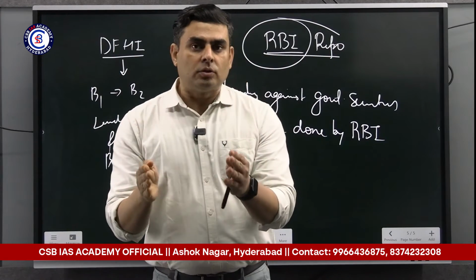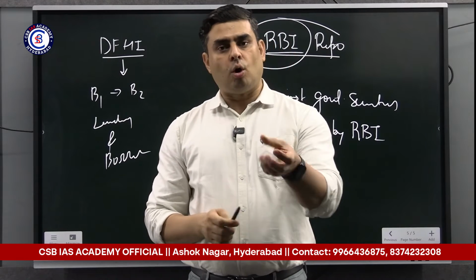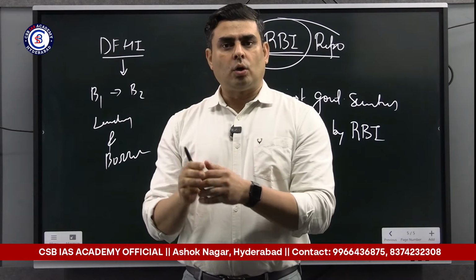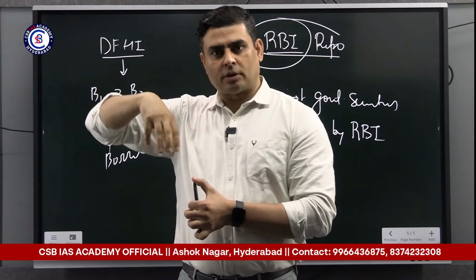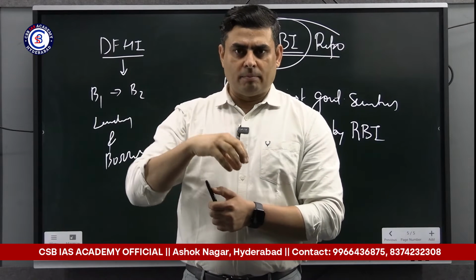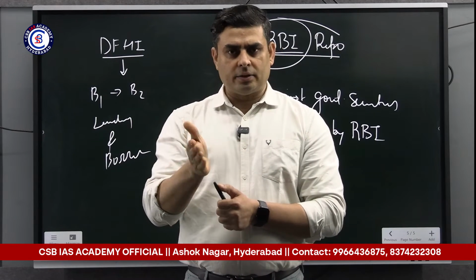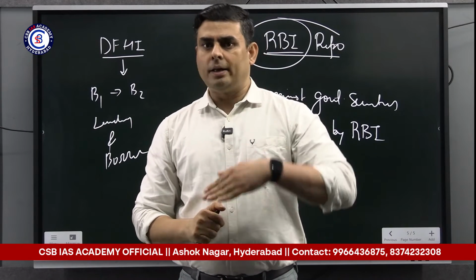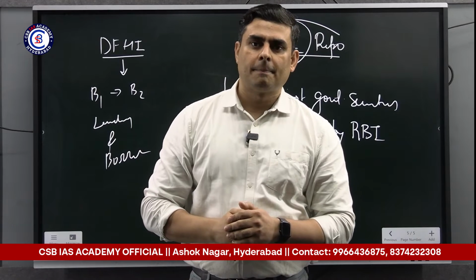So those banks who are interested to borrow money need not go to the DFHI system, where there are certain banks who can lend the money. There is no need to go there. You can directly reach RBI.